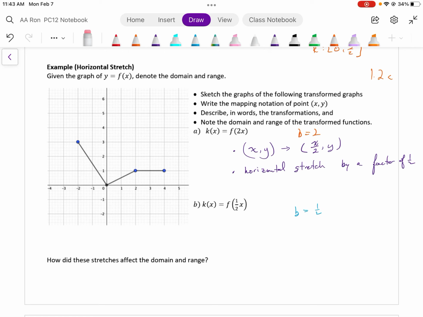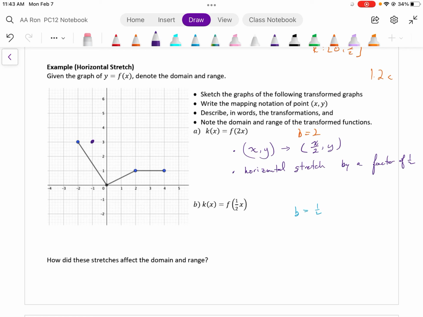So right now, if I take this point and try to understand this point notation, (-2, 3) changes into (-1, 3). Why?